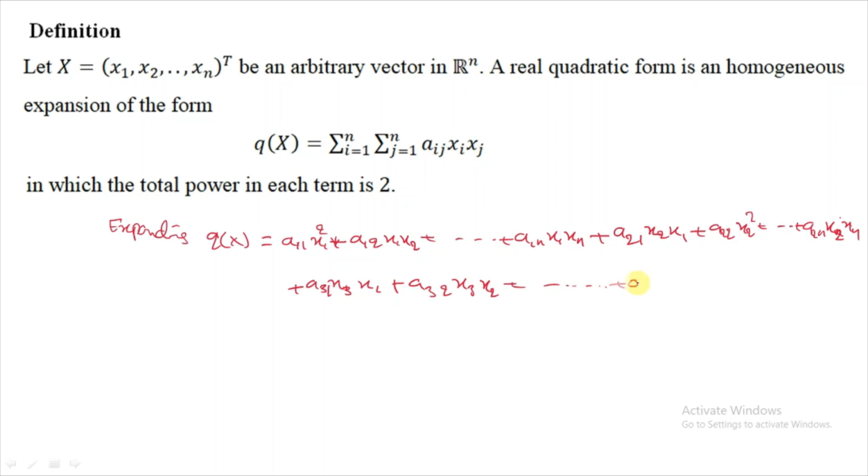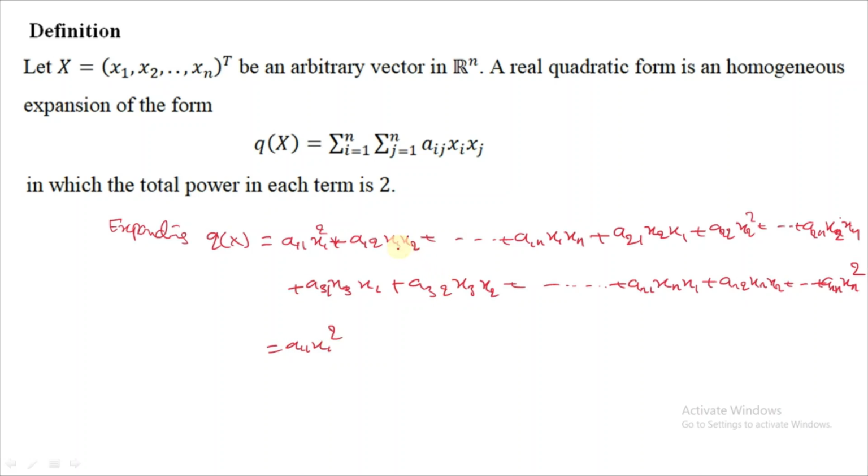Last, an1 xn x1 plus an2 xn x2 plus and so on, plus ann xn xn, that is xn squared. So on, same as a11 x1 squared.